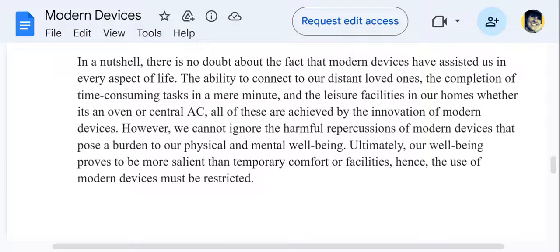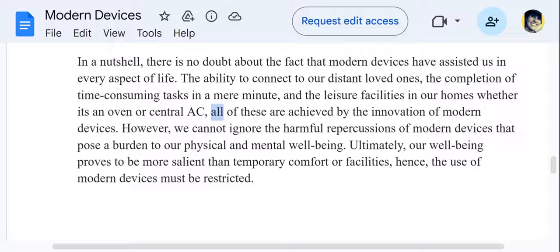Then the student created this really large, almost complex sentence, but what we have, the real sentence is, all of these are achieved by the innovation of modern devices, and that's really the real sentence. All of that text is resting on the shoulders of this three-letter word, all.